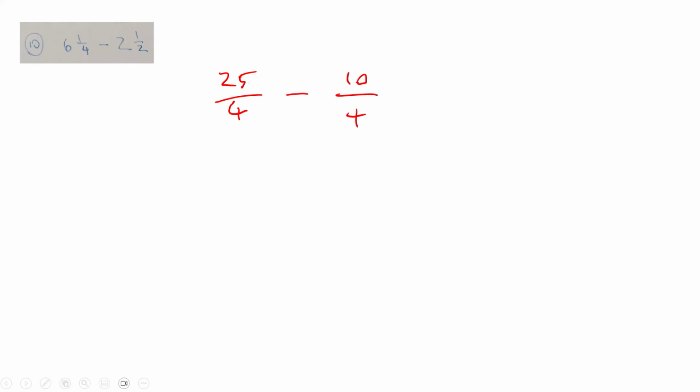Now we have a common denominator, we can do the maths. 25 minus 10 is going to be 15. We have it over 4. 4 4s is 16, so 4 won't fit into 15 4 times. It will certainly fit in 3 times though, because 3 4s are 12, which leaves us 3 left over, denominator 4. There we go. 6 1/4 minus 2 1/2 is equal to 3 3/4.